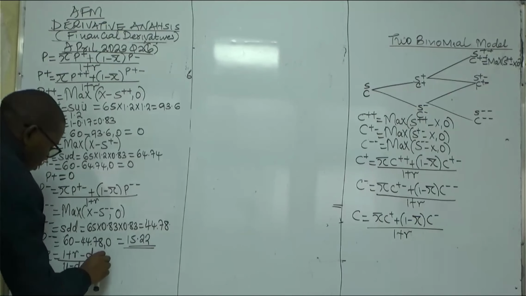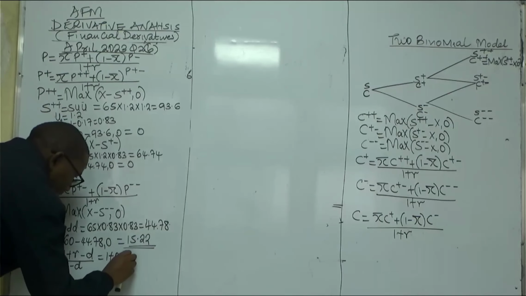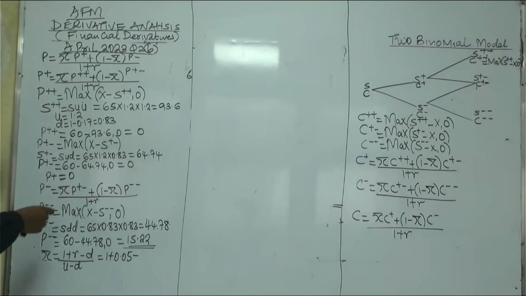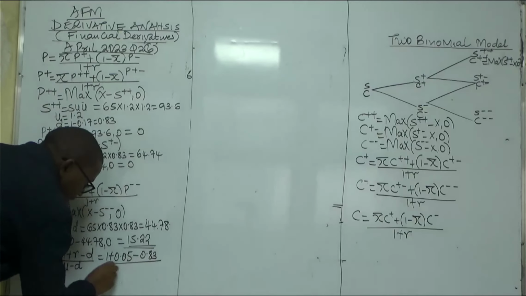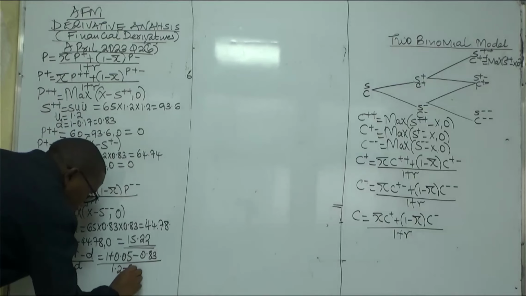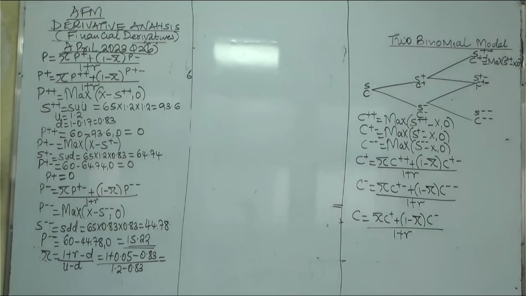So 1 plus R is 1.05, minus 0.83, divided by 1.2 minus 0.83. That gives 0.59 to two decimal places.